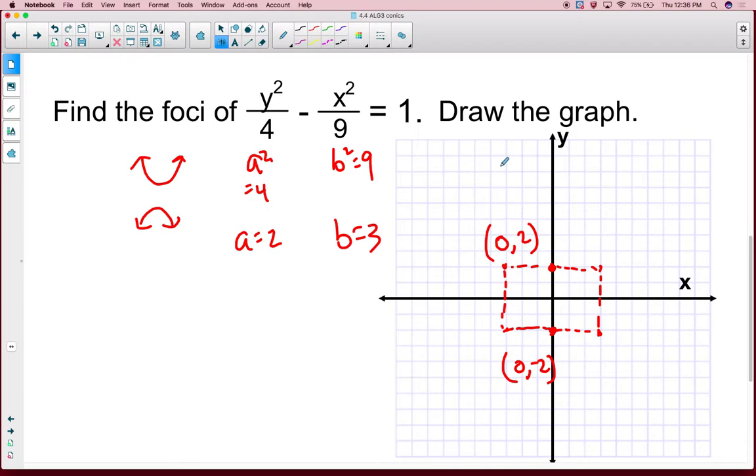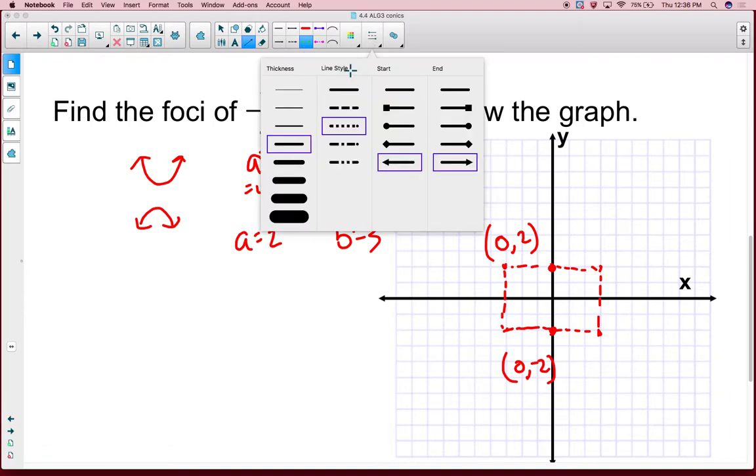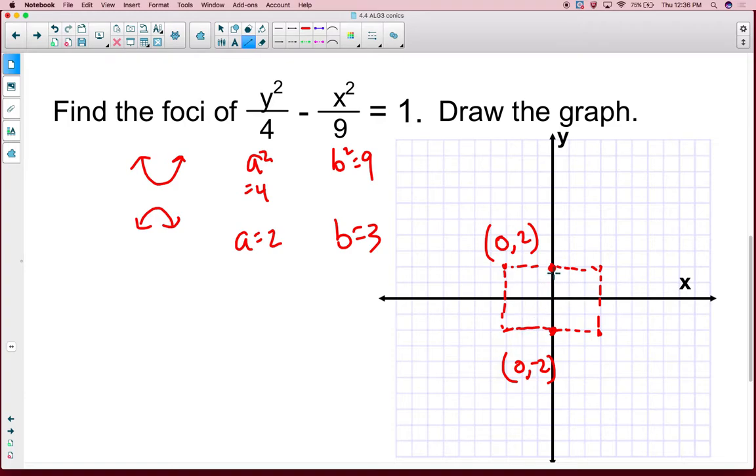Okay, so now actually finding your asymptotes, we just take the diagonals of the central rectangle. So this is going to be rise 2 and run 3. Rise 2, run 3, 1, 2, 3.